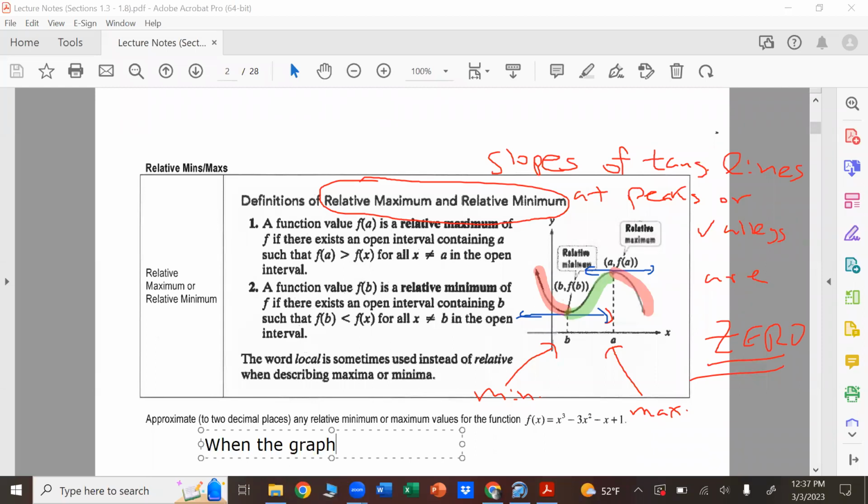When the graph changes from decrease to increase, we have a min.